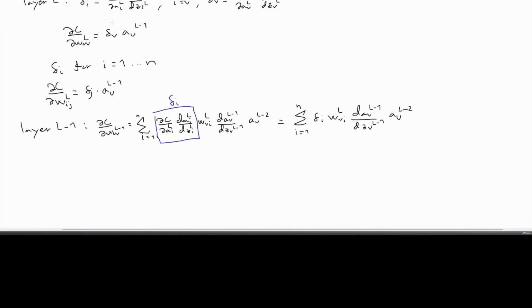Just realized I forgot to add the layer index for the delta I terms. So I'm just going to do that quickly. Now, just as the delta I terms from layer L, the output layer, allowed us to reuse calculations made in the output layer in layer L minus 1, we need to define another intermediary value to store here in layer L minus 1 such that we can reuse that in layer L minus 2.